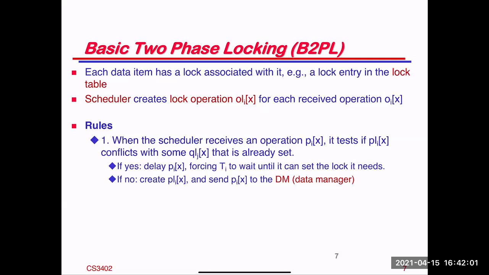Two-phase locking follows these two rules. The first one is that when the scheduler receives some operation PI of X, it will test if the lock operation PLI of X conflicts with some other lock operation that has already been set, say QLJ of X, set by some transaction J. If there is a conflict, then we delay this operation PI of X, thereby forcing the transaction TI to wait until it can set the lock that it needs.